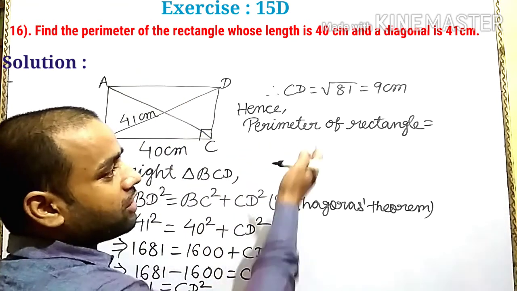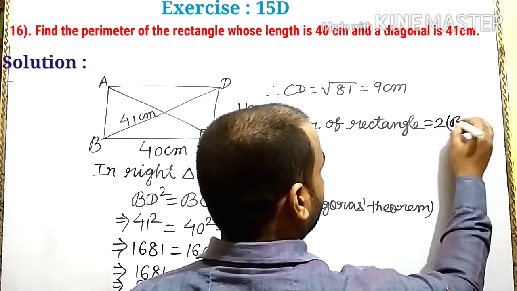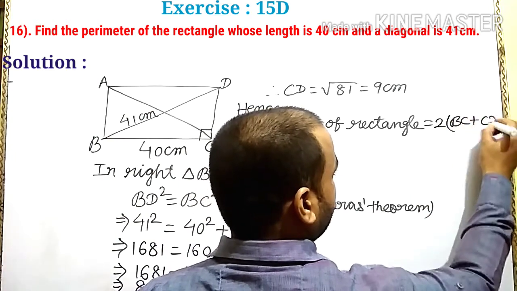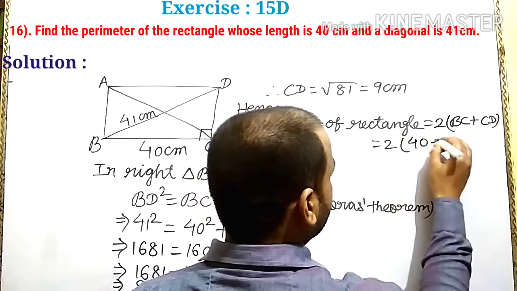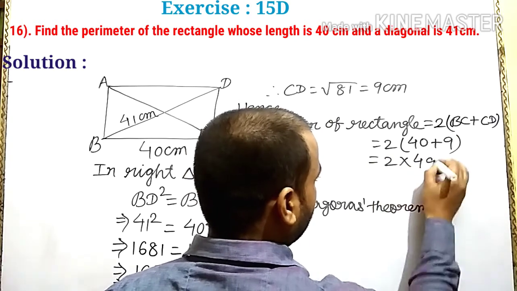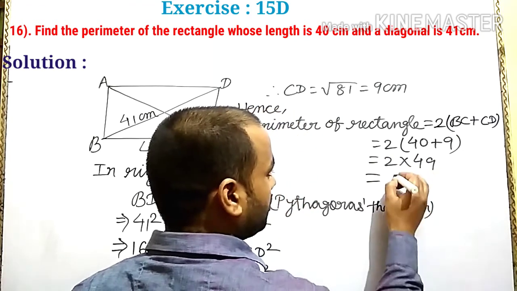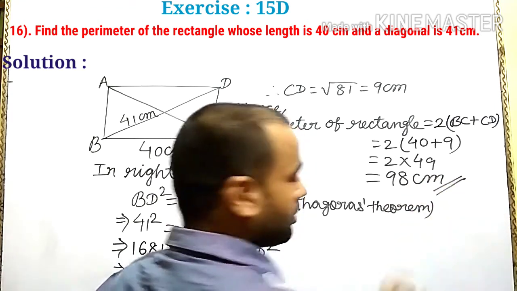So here is the formula: 2 into length, here BC, plus breadth CD. Here 2 into 40 plus 9 is equal to 2 into 49 is equal to 98 centimeter. This is your required answer.